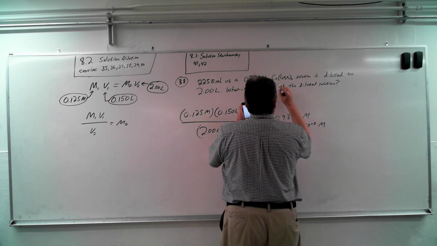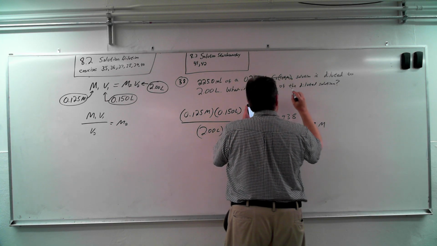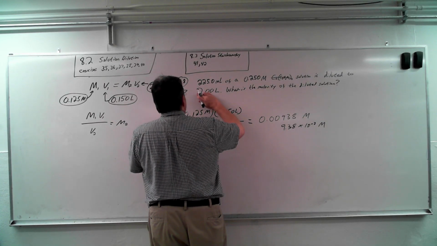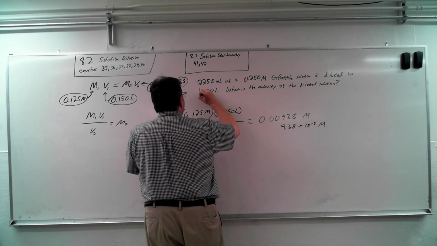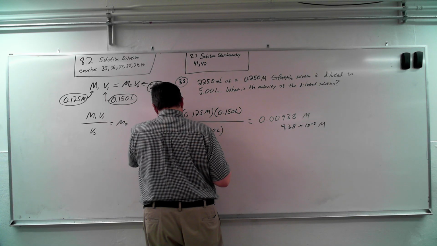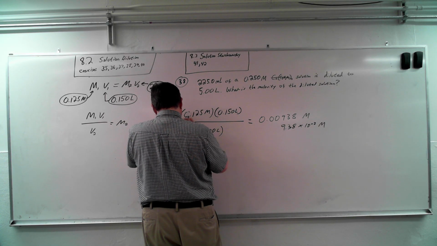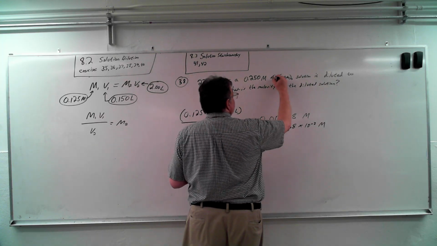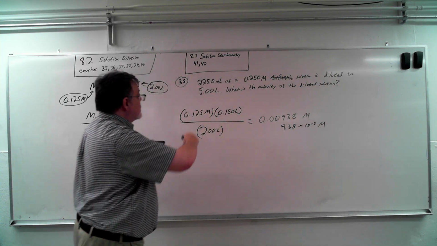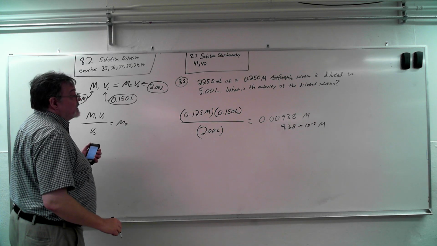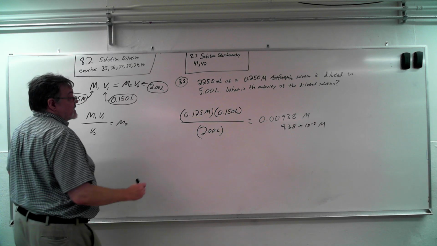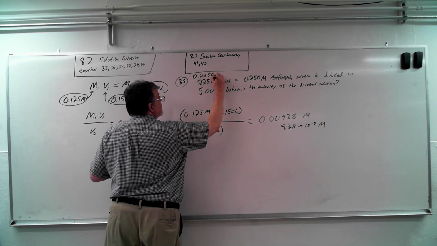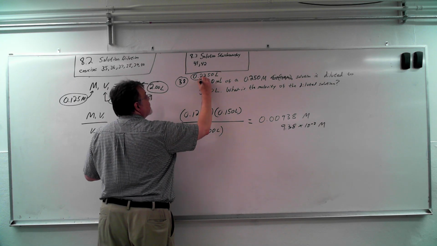Diluted to, it doesn't even mention this on this one, it's diluted to 5 liters. So they don't even mention this time. That's the whole question. I've got milliliters and again, this is 0.2250 liters. And I would leave it like that.